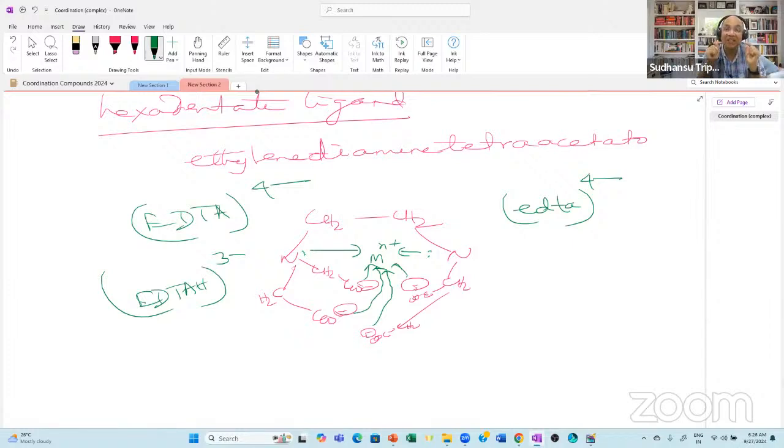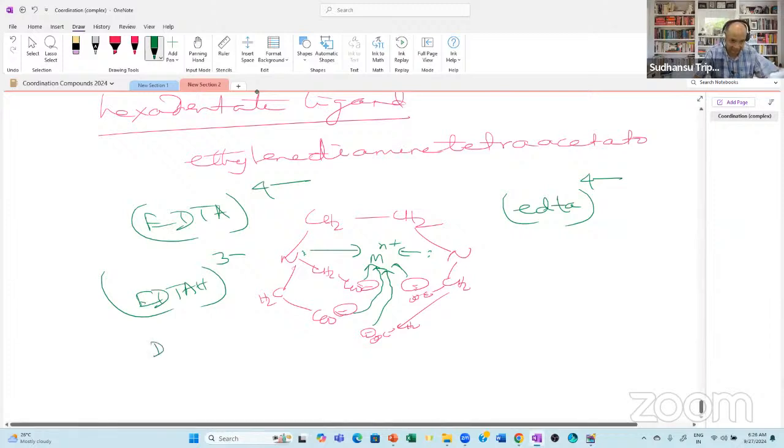I have 6 teeth, but I am using 5 teeth in some complexes, all the 6 teeth in some, and 4 teeth in some complexes. So when different numbers of teeth are used in different complexes, such ligands are called flexidentate ligands. So EDTA and its hydrogenated counterparts are called flexidentate ligands.